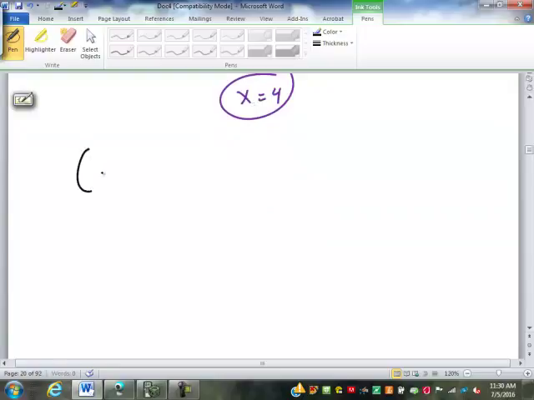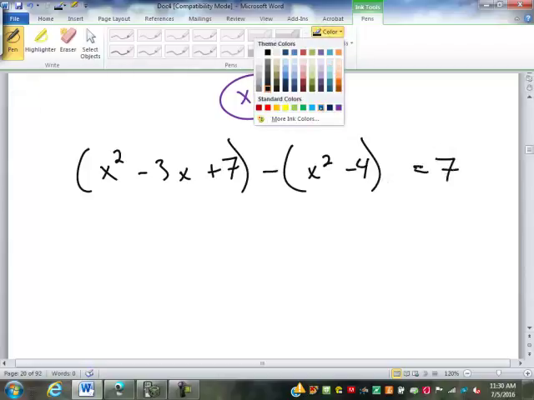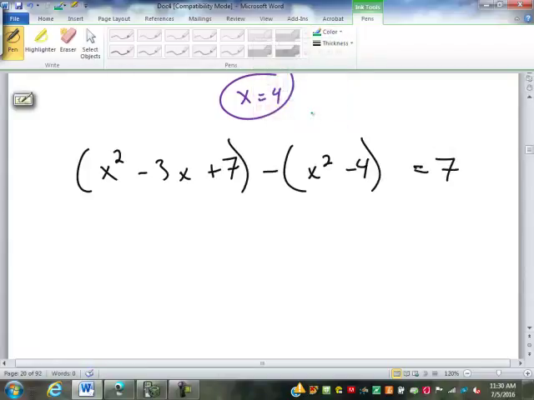Similar to that one is one that looks like this. Now here the x squareds are not on opposite sides of the equations. They're both on the left side. But this is asking us to do one of these algebraic operations we've worked with.